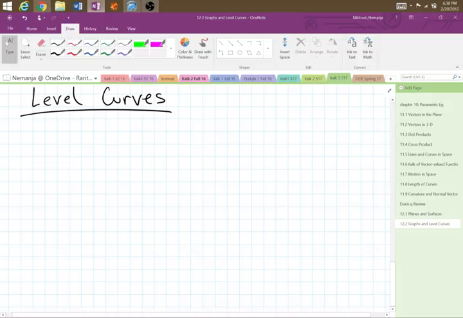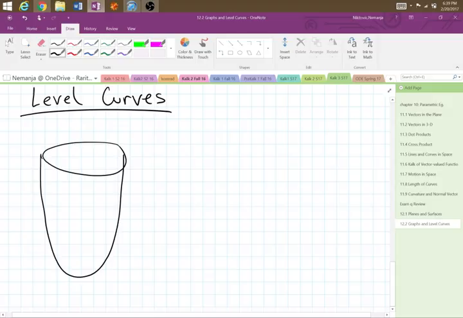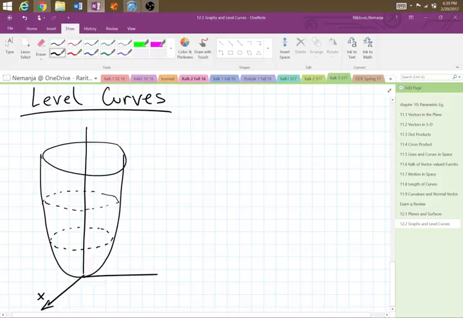Level curves are going to be cuts that are horizontal, right? Think of the slices. You take a paraboloid, you cut it, and you get all of these cross sections. So all of that is happening, in this case, on the z-axis.